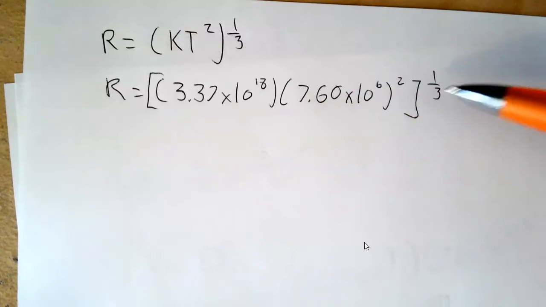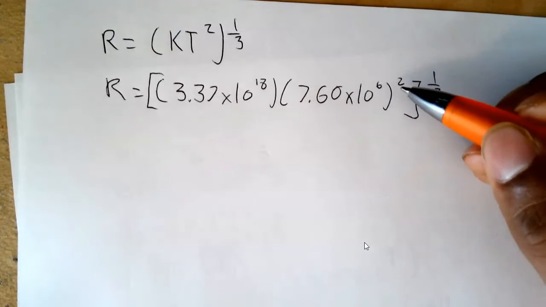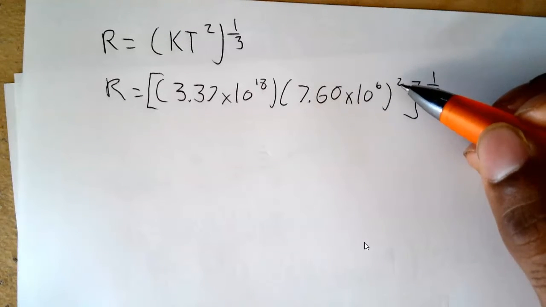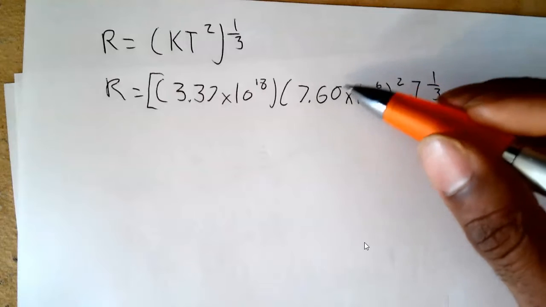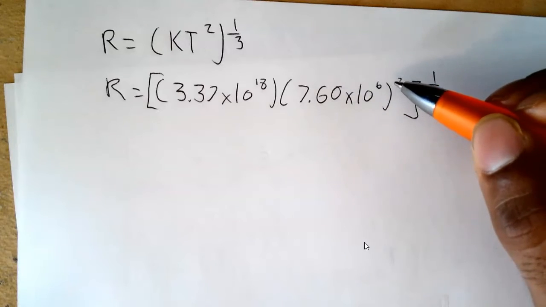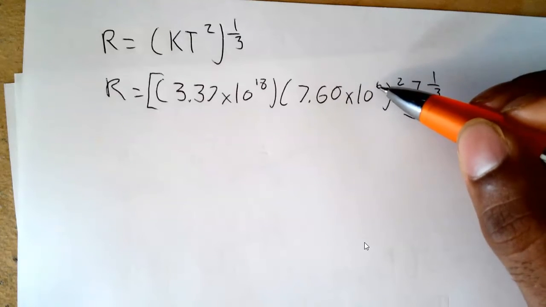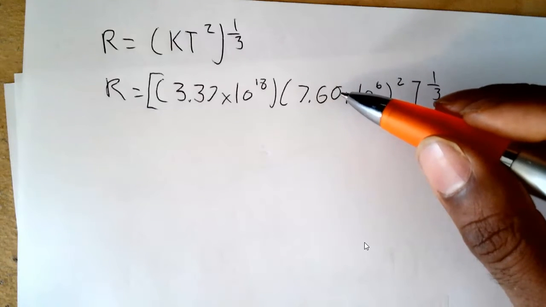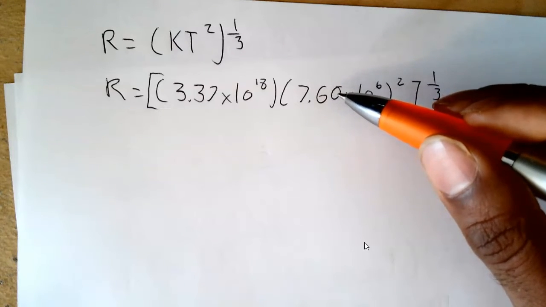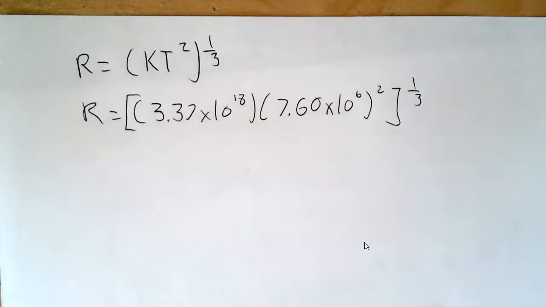Okay. So first thing I'm going to do is let's do some rules here. This square applies to the 10, and it also applies to the number as well. Here it's easy, power to power rule, you multiply 6 times 2 is 12. Here you're just going to square the number itself on your calculator. So let's just do that first.